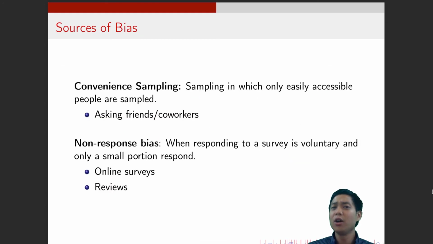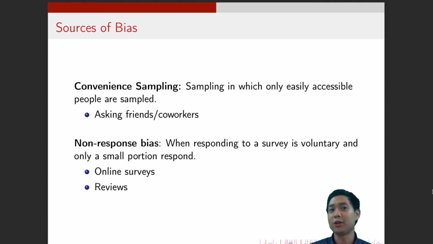All right, so there are all of these different methods of sampling, and you do have to watch out for possible sources of bias. One big one is convenience sampling, sampling in which only easily accessible people are sampled. This example of asking friends and coworkers is an easy one to avoid, but convenience sampling comes up in a lot of places.